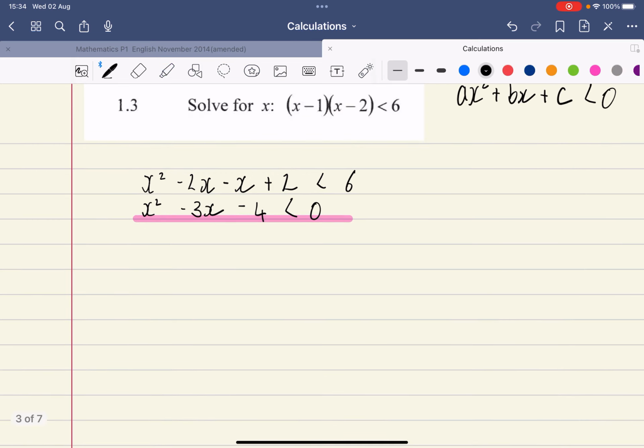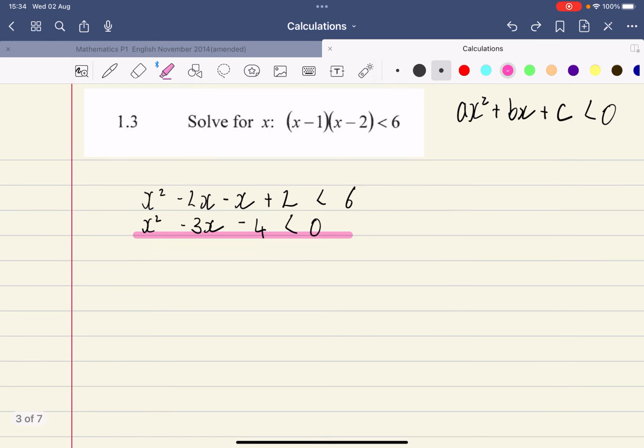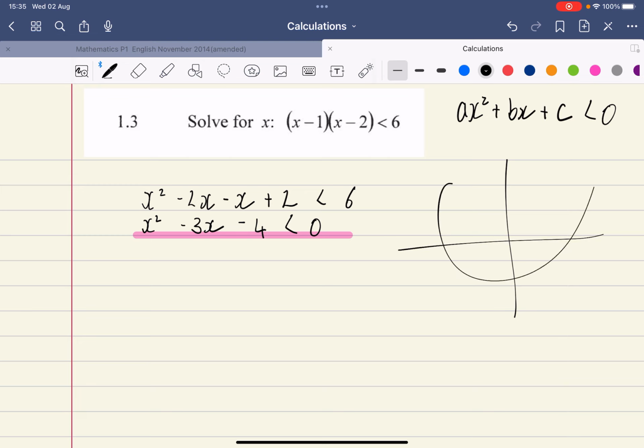Now what I like to do is I forget about the inequality sign for now, because we're trying to find for what x's this equation will always be smaller than 0 in the quadratic graph.